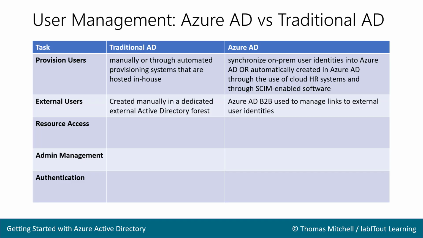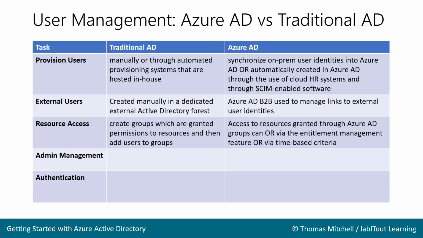To grant access to resources and applications in a traditional on-prem Active Directory, administrators will create groups which are granted permissions to those resources and applications. Users are then added to those groups to grant them the access that they need. Now, groups are also available in Azure Active Directory. Like the on-prem version of AD, Azure AD groups can also be used to grant access to resources.